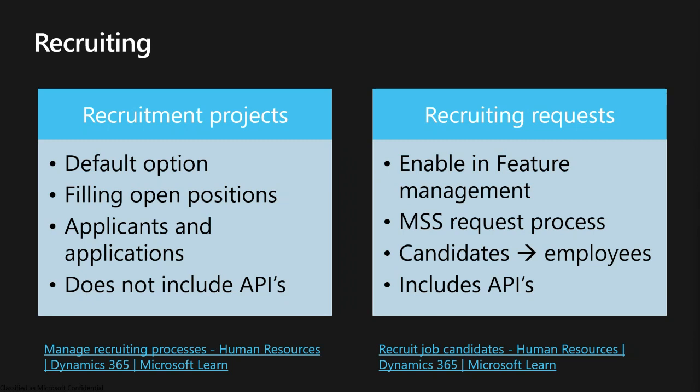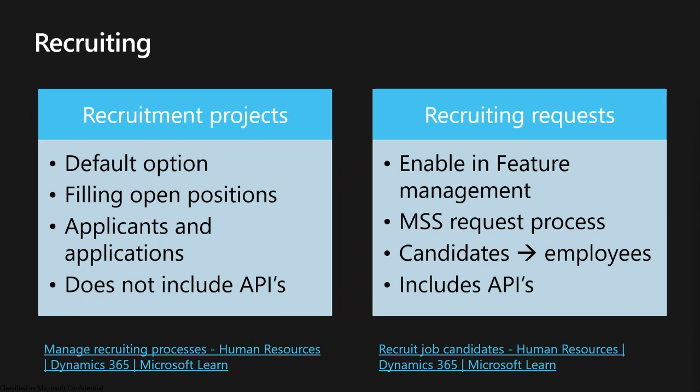So rather than filling a position that is open, you can use the recruiting requests process for your managers to request that they need a new position to be recruited for from the manager self-service or the My Team tab in employee self-service experience. From a data standpoint, it uses different entities and tables as well. The concept that we use here is called candidates rather than applicants and applications.